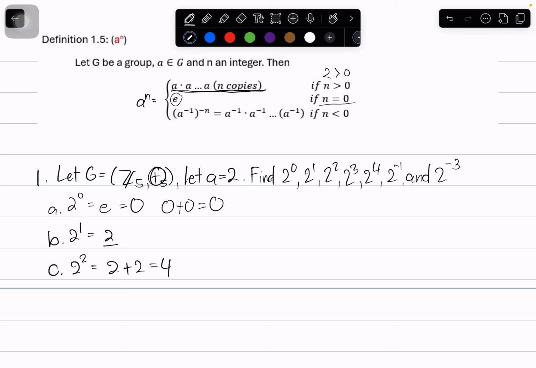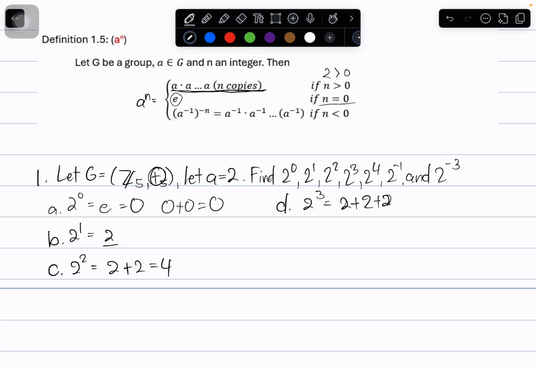Okay, now let's try to find the next one. Our next one is basically 2 raised to 3. Now we're trying to find n copies: 2 plus 2 plus 2. So we have 3 copies, right? 2, 2, and then 2.